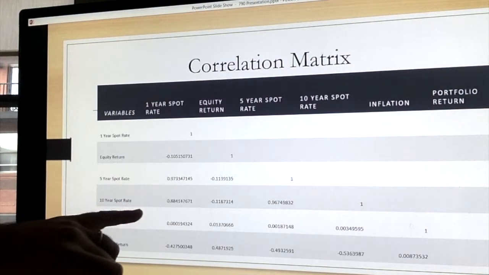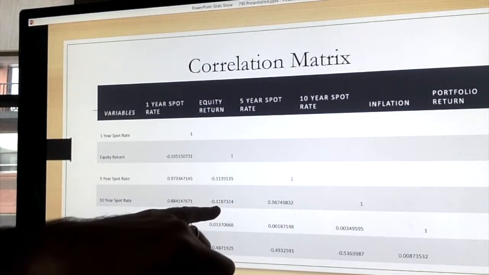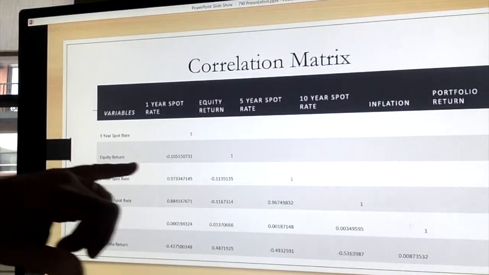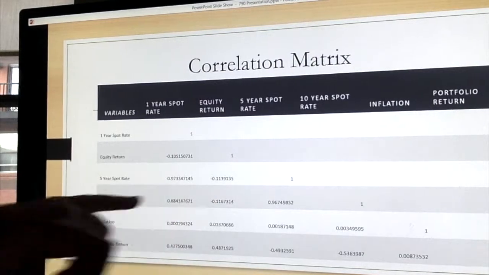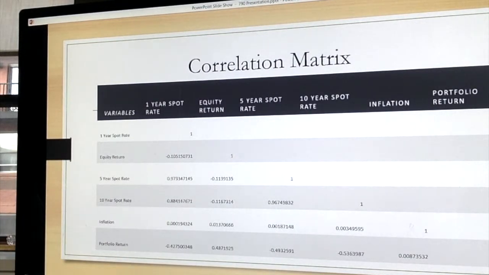When we check the 10 year spot rate and equity return, it has negative 0.11, which is so close to the 1 year spot rate. So there is not much difference. But when it comes to portfolio returns, as we move to longer maturities, it differs.